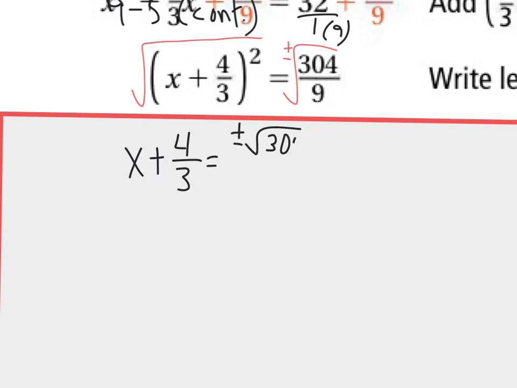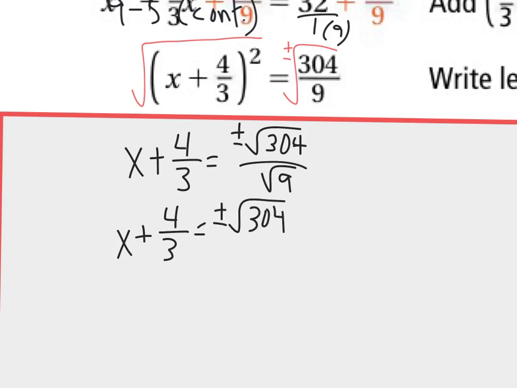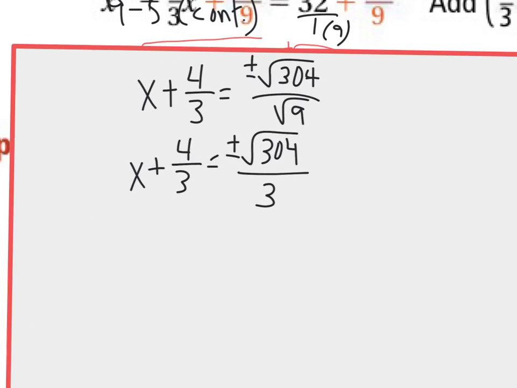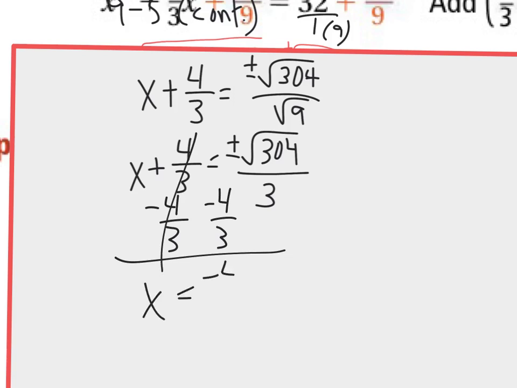We can split that square root up, since the square root is over that whole fraction. When you do that, the square root of 9 is 3. Then they're adding 4/3, so we need to subtract 4/3 on both sides. I'm going to squeeze that in front of this other fraction.